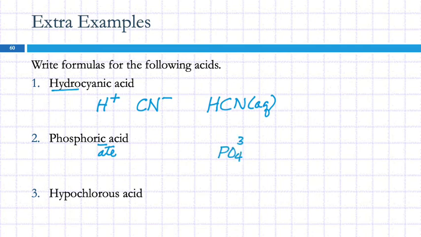PO4, 3 negative. And we're putting that together with hydrogens. So what's the formula? H3PO4. Because you can just look at this and picture, this is a -3 charge. I'm going to need 3 of these guys to balance that charge.